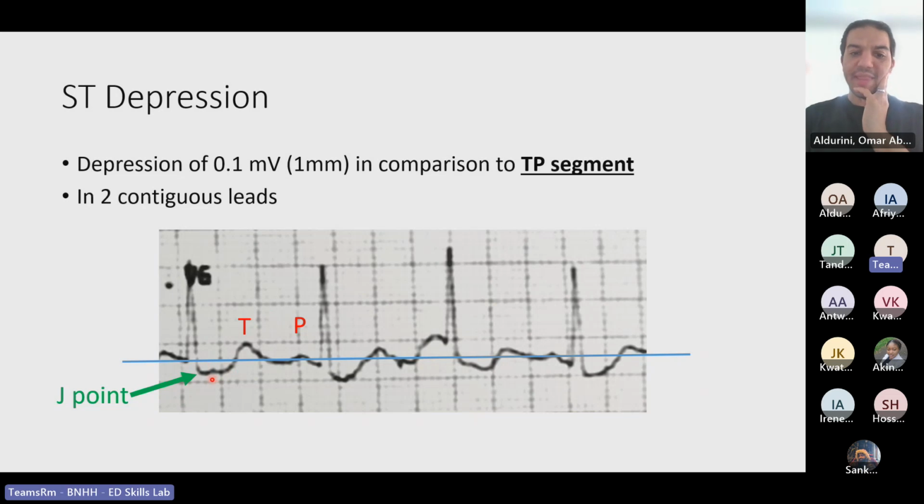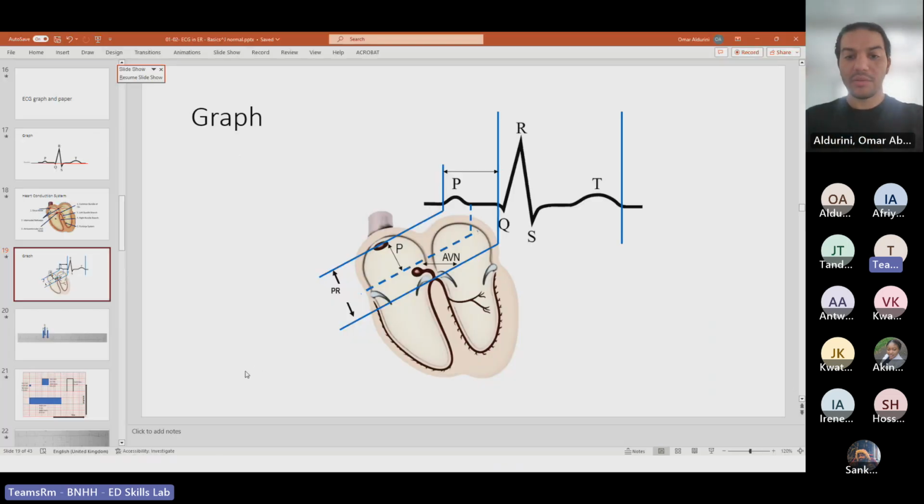Are we comparing all of the ST segment? No, we are comparing the beginning of the ST segment, which we call the J point or the junction point. The junction point is the point of deflection or deviation from the QRS complex towards the ST segment. In this example, it's this point.